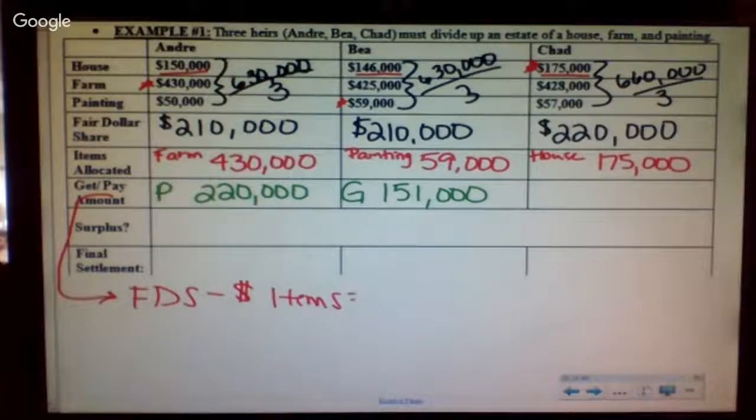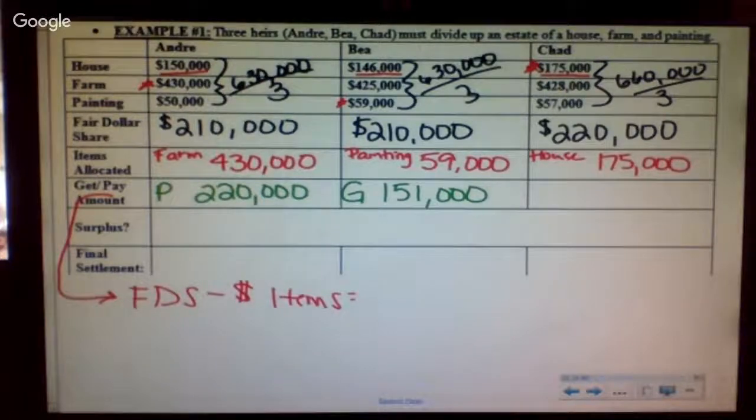Why did you add up all of them together and divide by 3 to get a fair dollar share? It's everybody having the same amount equally. So if Andre puts up this total amount of money and he had to split it equally, each of them would walk away with $210,000.